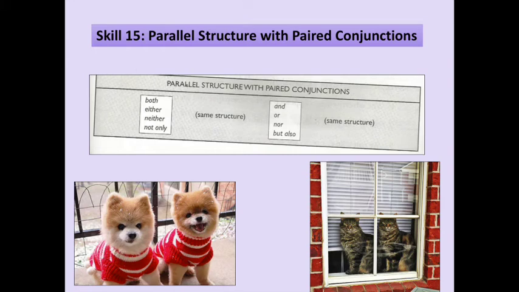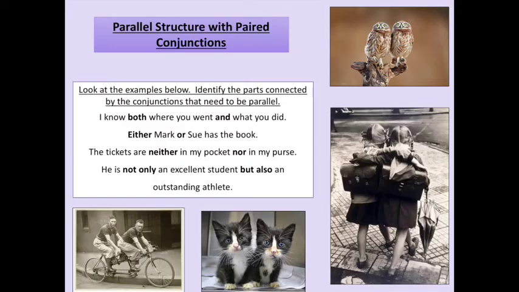The words used after each part of the paired conjunction need to be equal grammatical units, so they need to be parallel. Look at the examples below and try to identify the parts connected by conjunctions that need to be parallel.